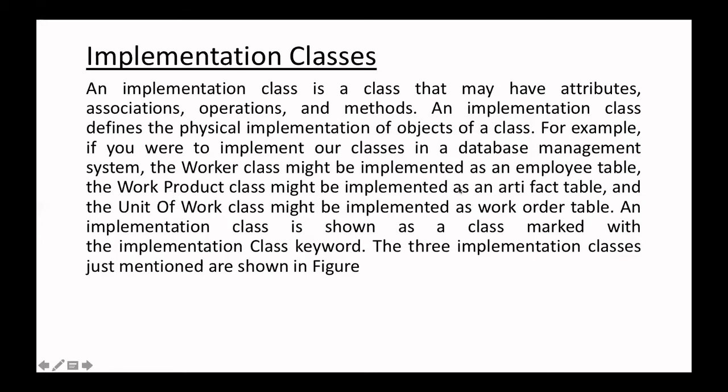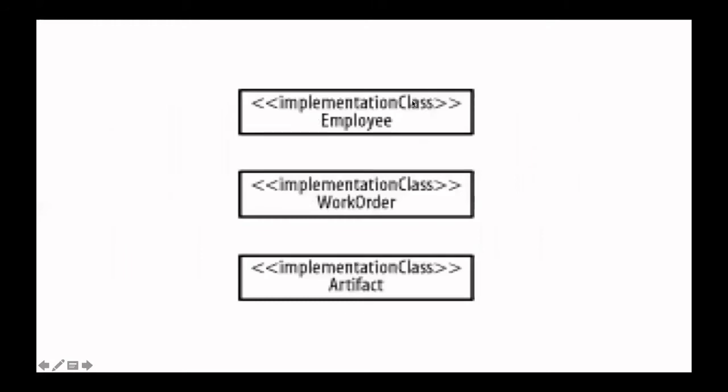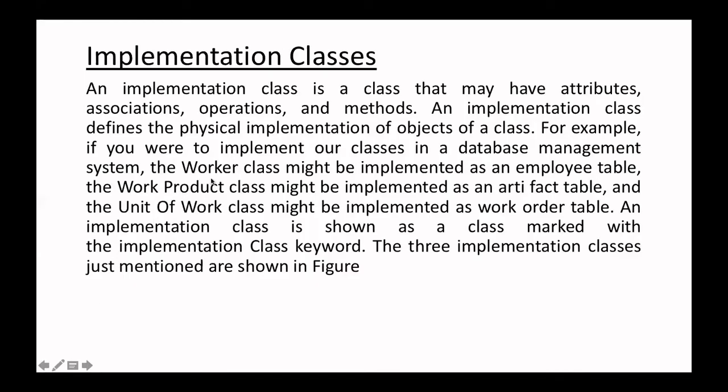So firstly we are designing in this table. First is the implementation class on the employee table, the employee class. Next we are going to design the implementation class for work order and the implementation class for artifacts. These three classes include the worker class, the work product class, and the unit of work class.